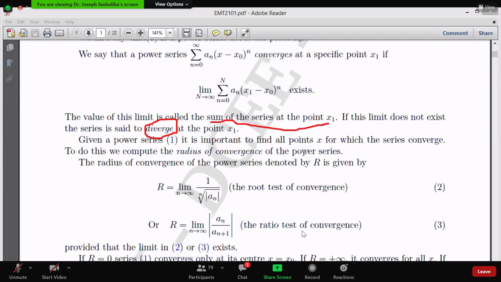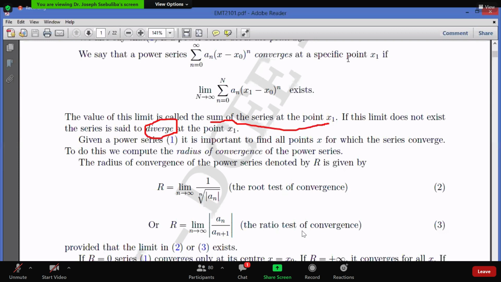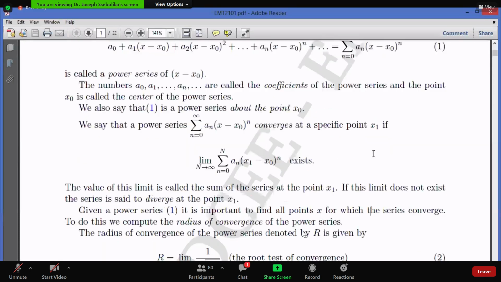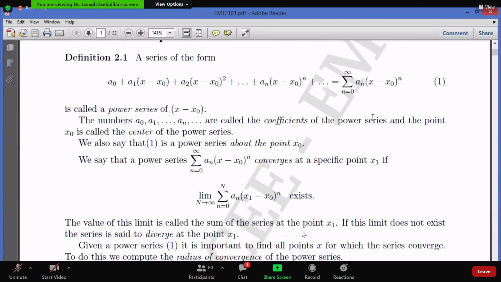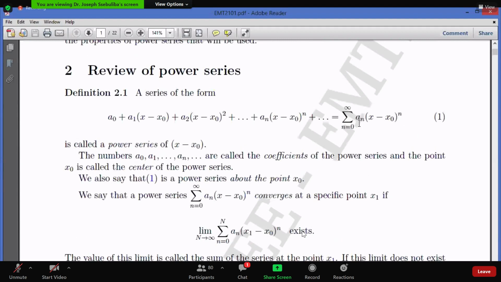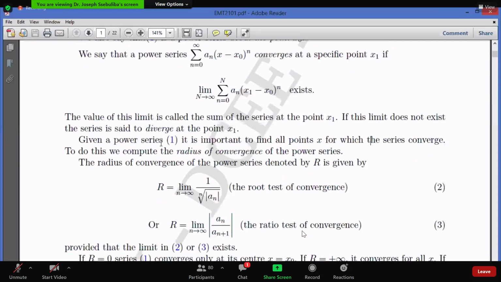So if we go back to (1), which is given as the sum of a_n (x minus x0) to the n, this is the series. Given a power series (1), it is important to find all points x for which the series converges. How is that done?